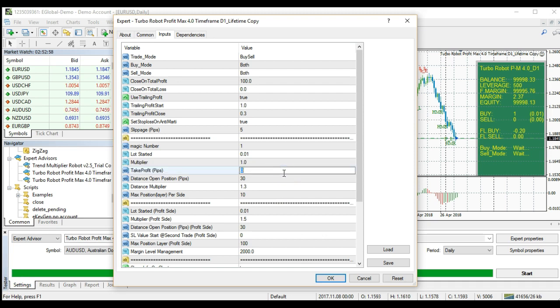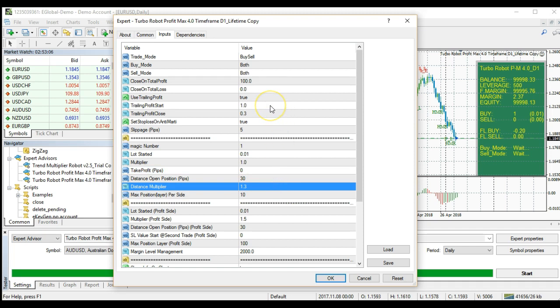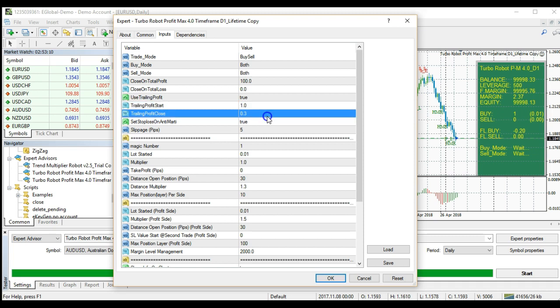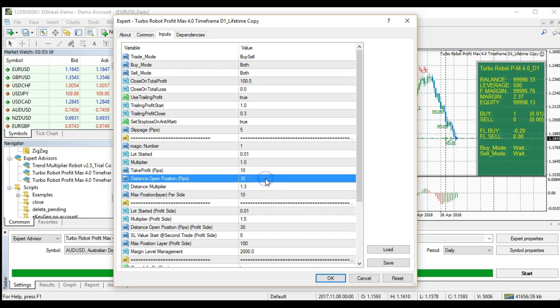Maybe you want to make it 10 pips, or you can put it at 0 and use the profit trailing. This profit trailing, I will teach you how to use later on. Just for example, I want just 10 pips, which means when I hit my target TP, I will get 10 pips.